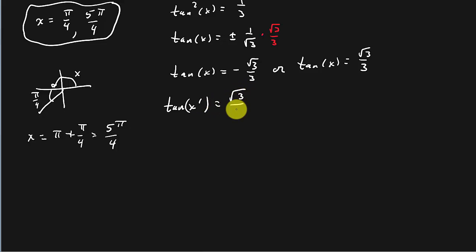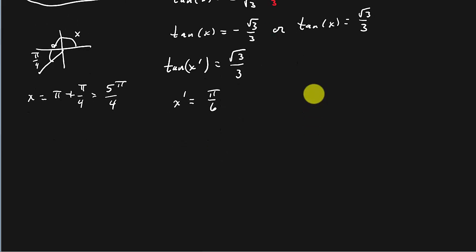Remember, whenever you take the sine, cosine, or tangent of a reference angle, it's always going to give you a positive answer. And so now I get x prime is equal to, well, what's the inverse tan of square root of 3 over 3? Well, that would be pi over 6. So that's my reference angle.